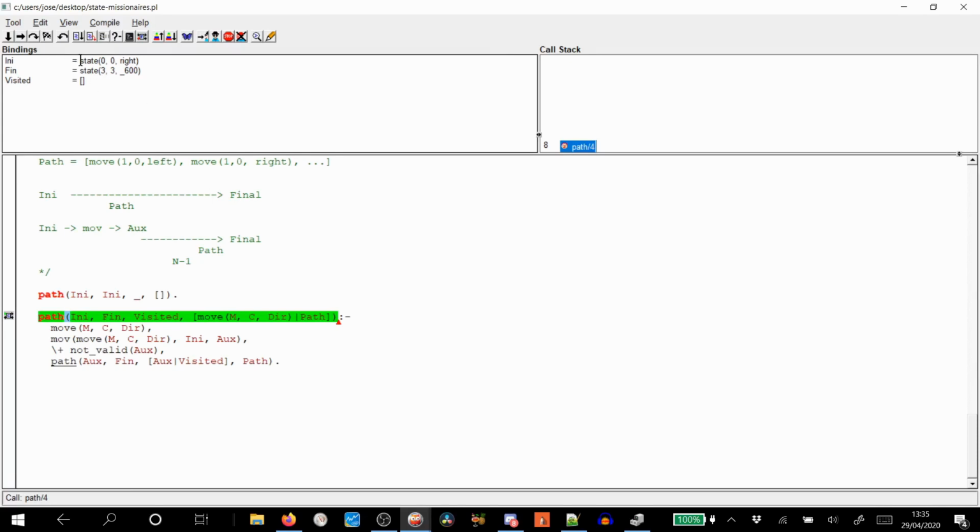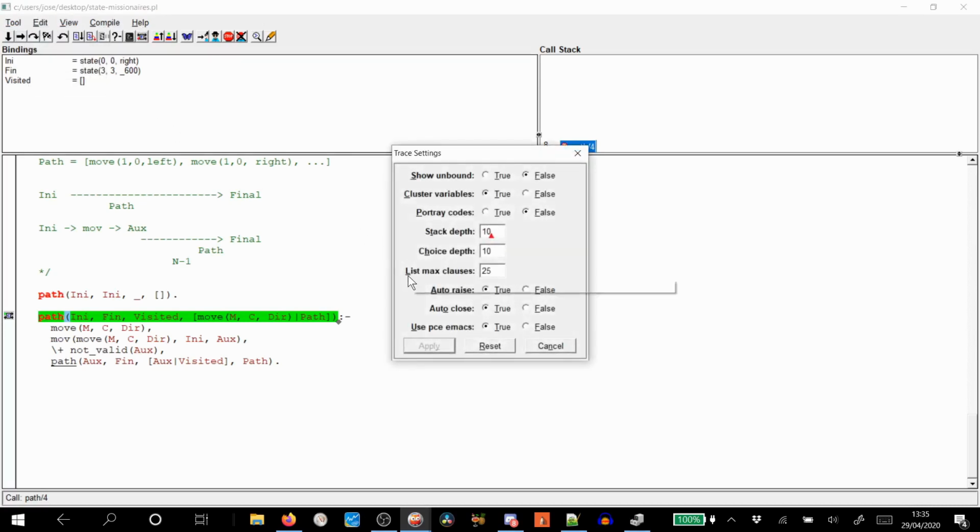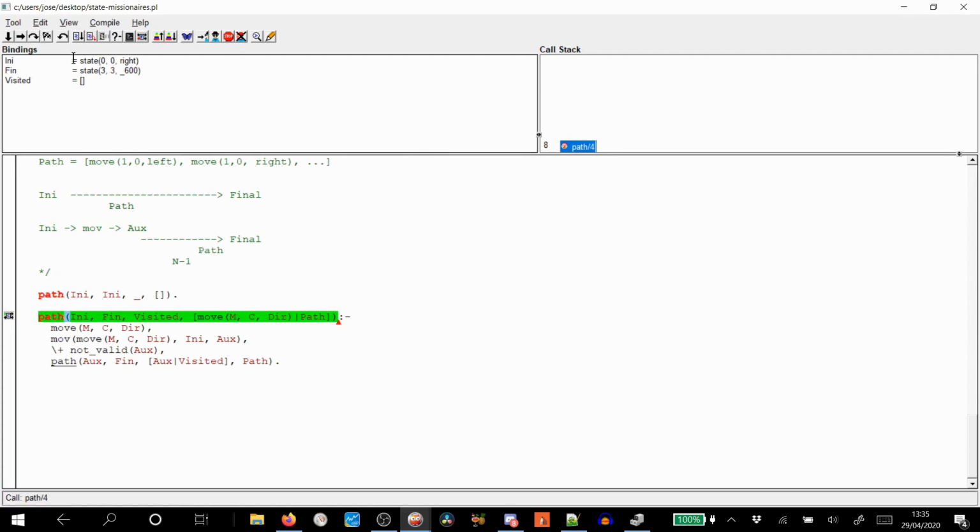Okay, the initial state we have here. Sorry, I don't know how to change the font settings. Oh, I think it's not possible to change the font. Okay, can you see? The initial state is 0, 0, right?